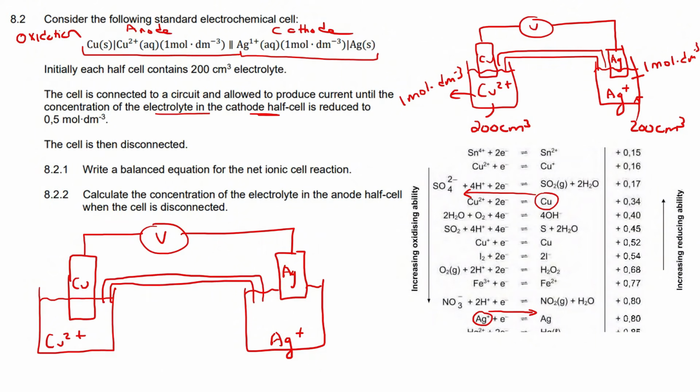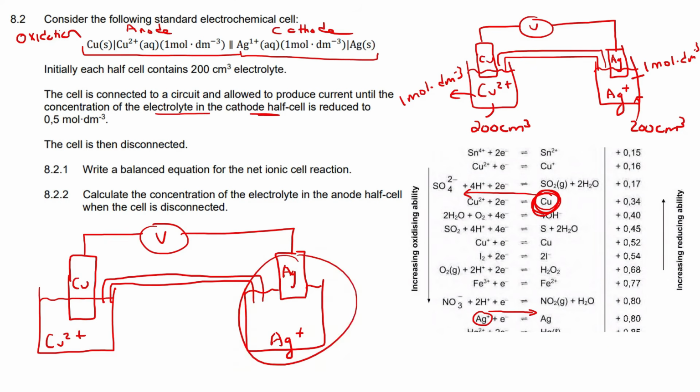What we have is this copper over here, which is going to eventually convert into ions. So what's going to happen to the amount of this? The ions are going to go up, and the amount of this copper electrode is actually going to go down, because this copper is going to be converted into copper ions, just like the reaction shows us.